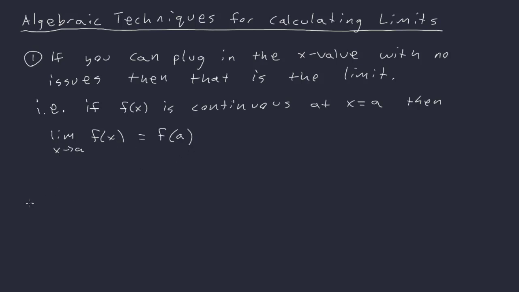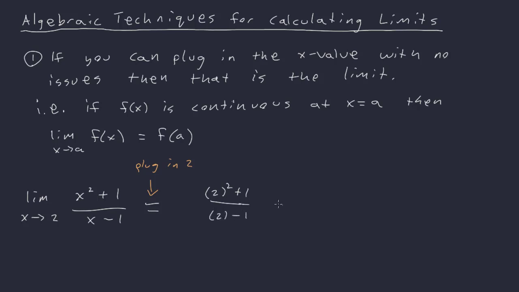To give an example, if we're talking about the limit as x goes to 2 of, let's say, x squared plus 1 all over x minus 1, there shouldn't be any problem here, because if we just plug in 2, which would give us 2 squared plus 1 all over 2 minus 1, this would give us 4 plus 1, which is 5, and 2 minus 1, which is 1, and we get 5.